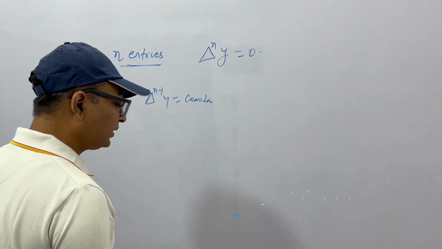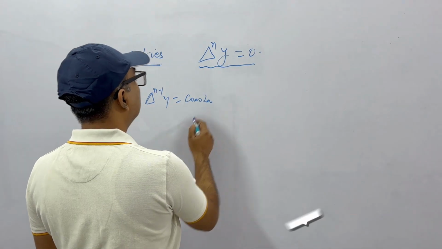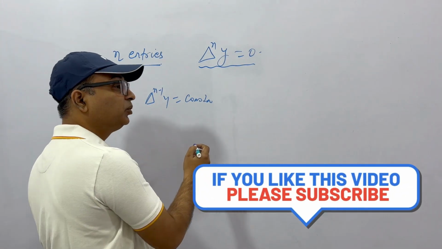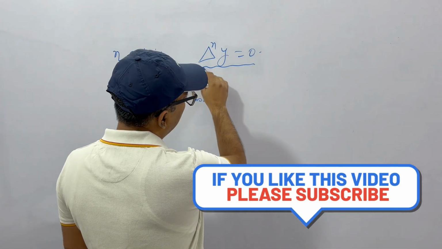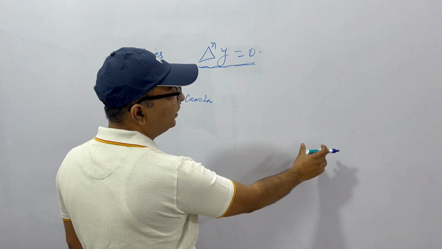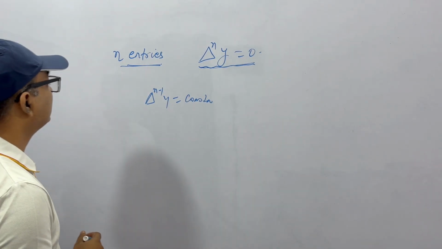We'll construct the table, say the missing term to be x or a or b, and we'll construct the table. Delta n y will be equal to 0. We'll equate it and we'll get the value. We'll take an example and understand this.